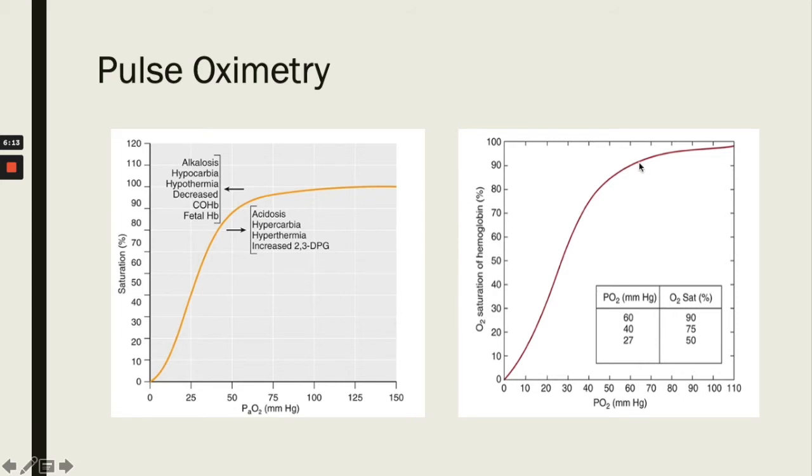So you can think of this as a safe zone where hemoglobin can still load a fair amount of oxygen at the lungs, even if there's a problem with diffusion or some problem with oxygenation. There's a mighty big window that we have with the PaO2 before we see oxygen saturations begin to fall.